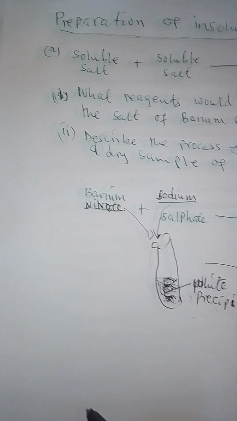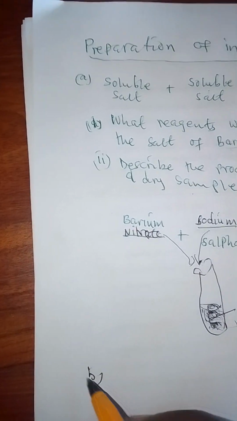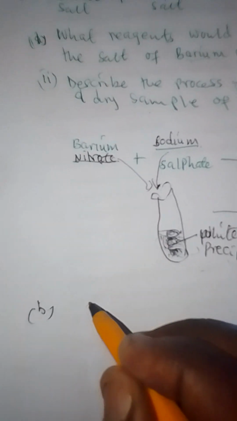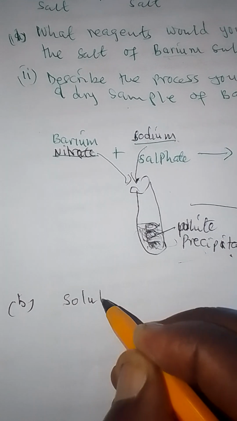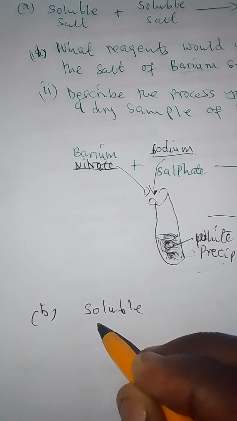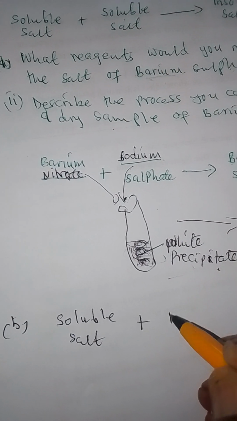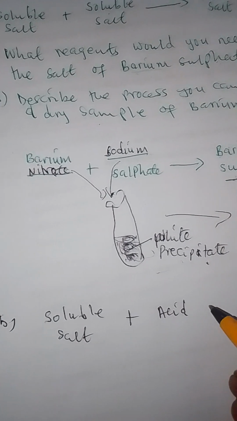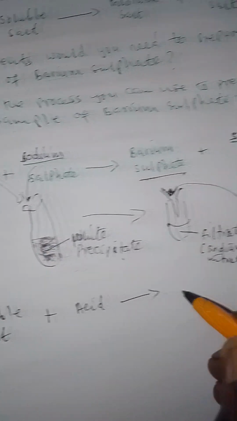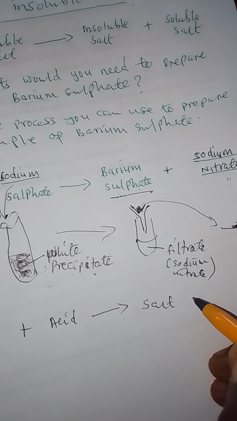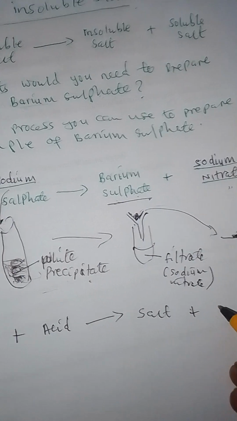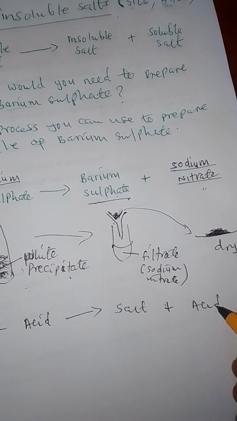Next is B. Yeah, here you use a soluble salt. Soluble salt plus an acid will give us a salt plus another acid.